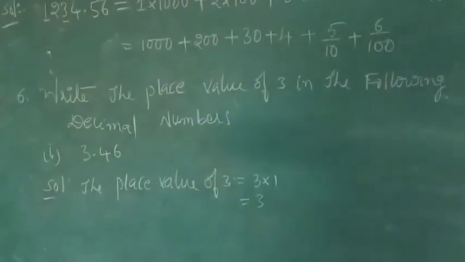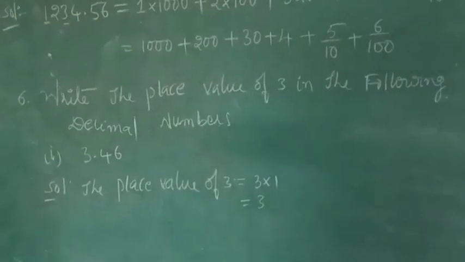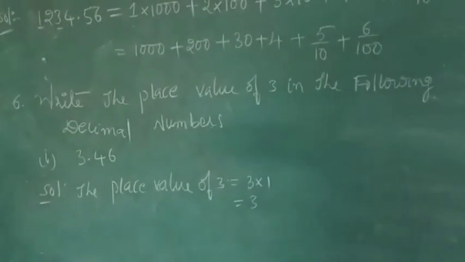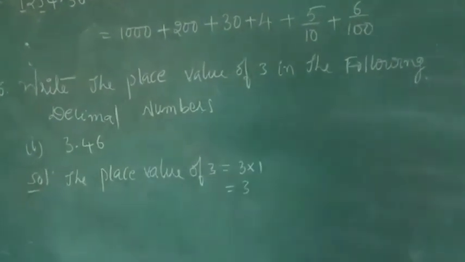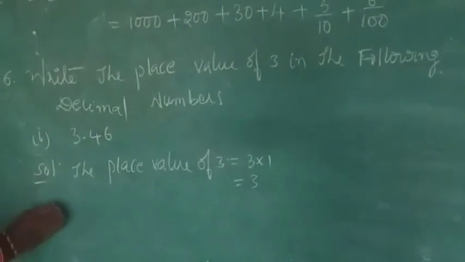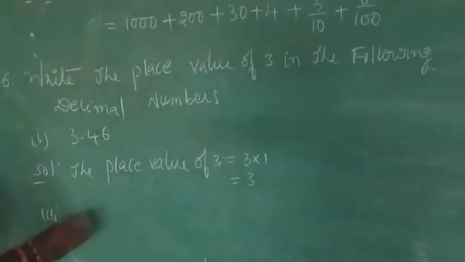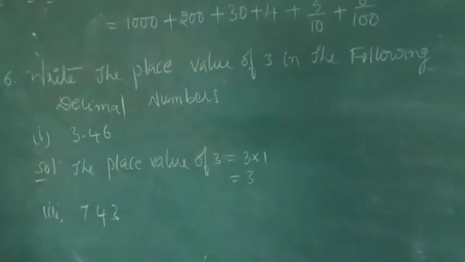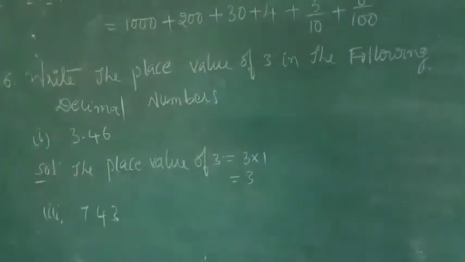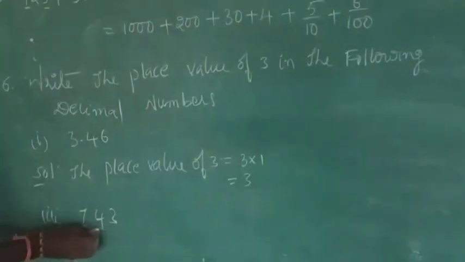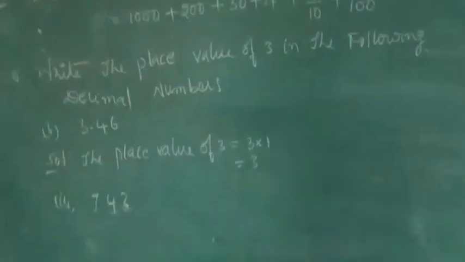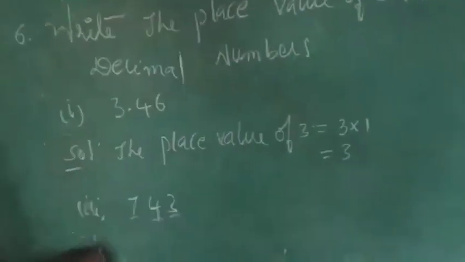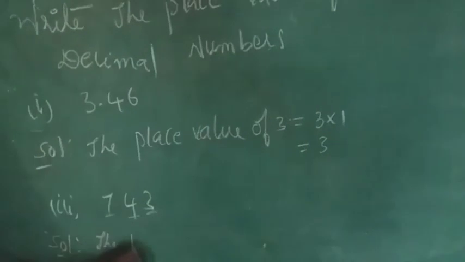Unit place. So next one I would like to explain you, third one. What is the third one? 7.43. See, this is the units, it's the tenth, it's the hundredth. So what do you write?